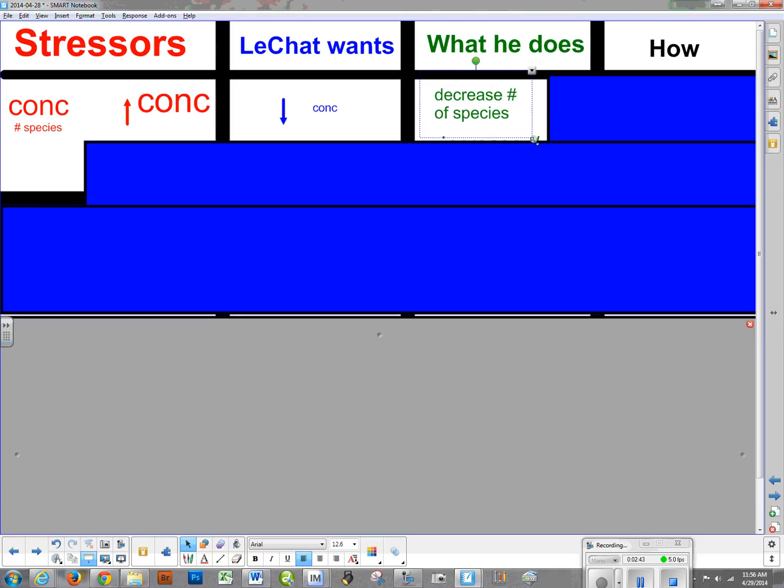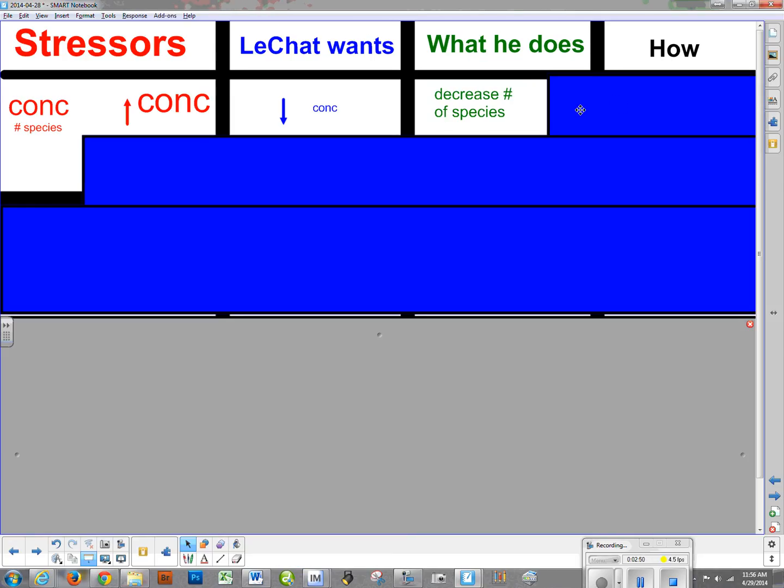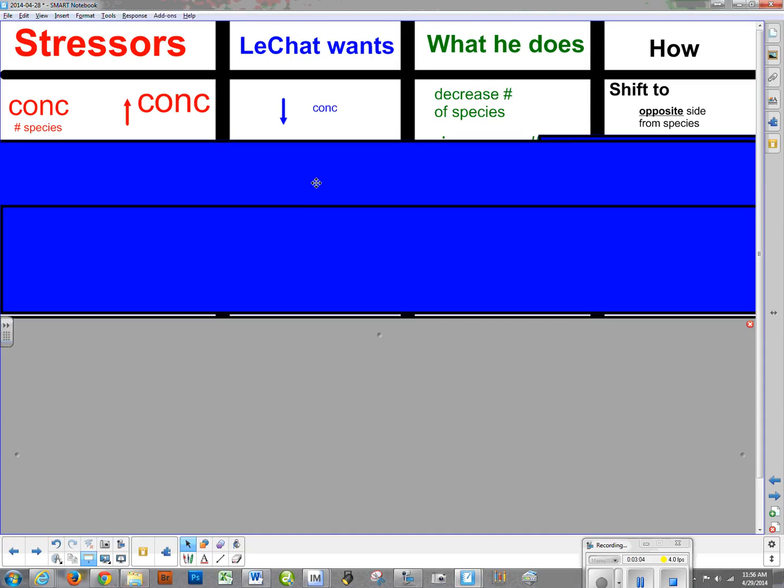That's what he can do. And he can do that using the balanced chemical equation. So we want to get that down, and then how he actually does it is he's going to shift to the opposite side from the species that represents the stressor. Okay? So that's what we're doing here in our first example.